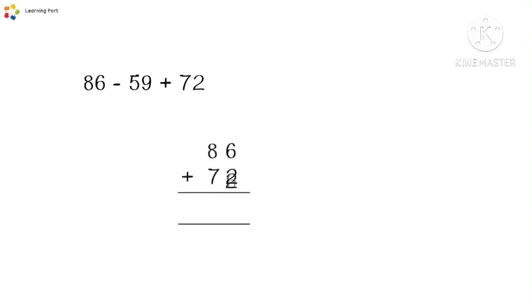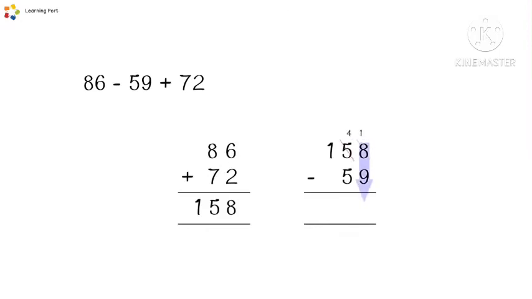Now let's see how to calculate the whole number mixed operation. We normally calculate from left to right, but it is usually easier to do the addition first and then do the subtraction. We get 99 as the answer.